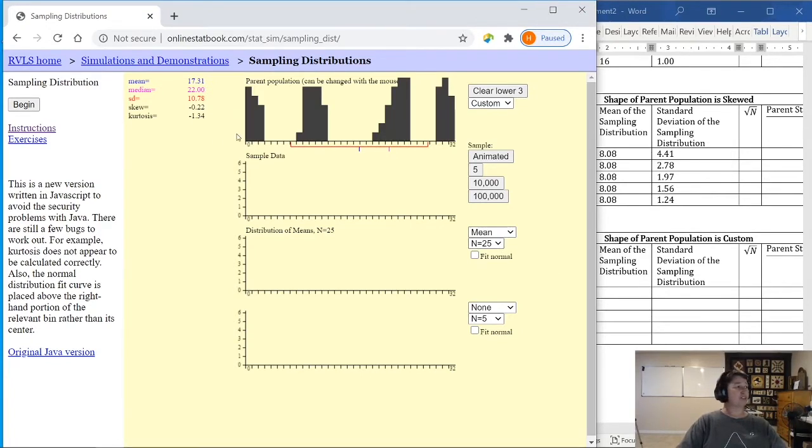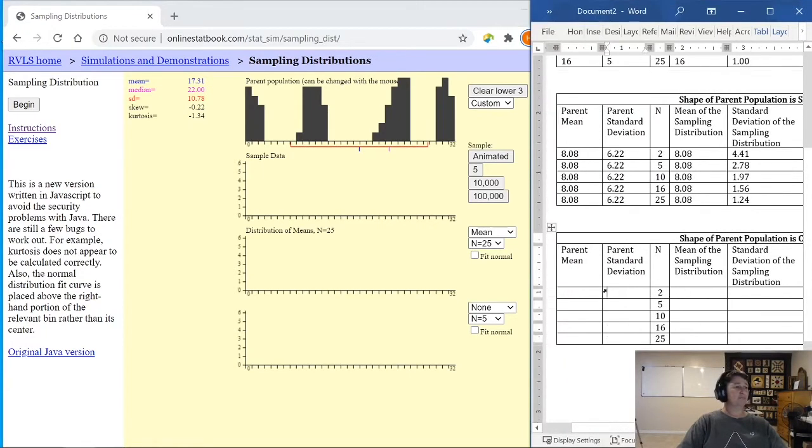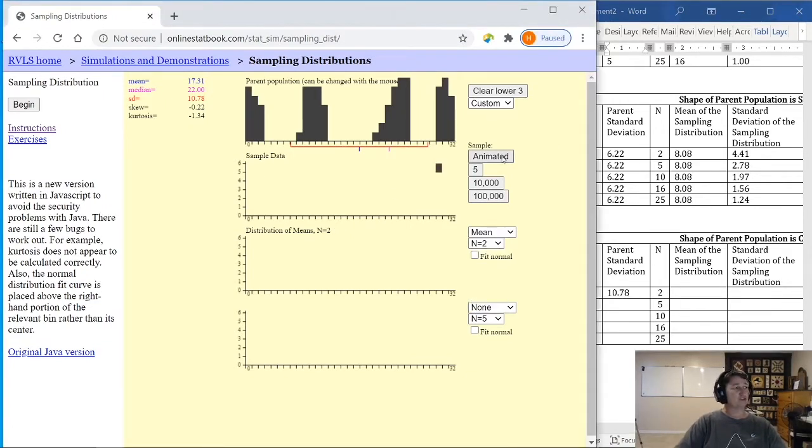So here in this custom data, the mean of that distribution is 17 and 31 hundredths, and the standard deviation is 10 and 78 hundredths. I'm going to start with just 2, where I take 2 random pieces of data and find the mean of that.